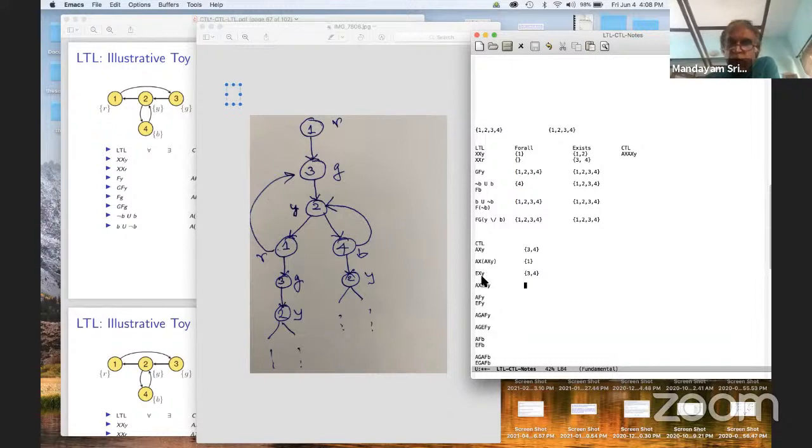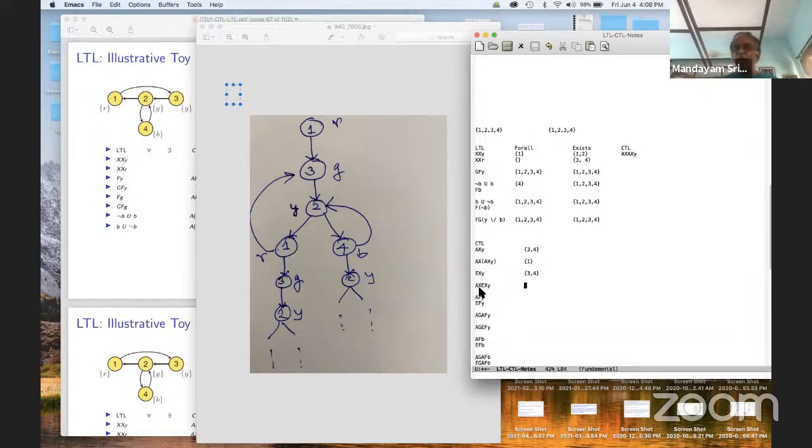So one way of checking CTL, and I'm giving you the intuition, is to get the solution for the subformula. EX of Y, then it becomes AX.